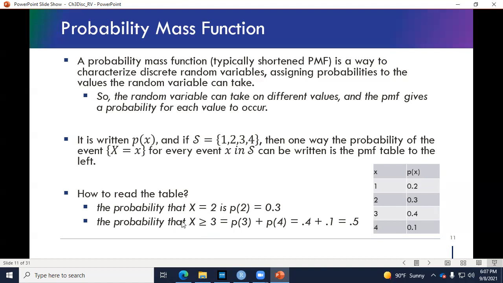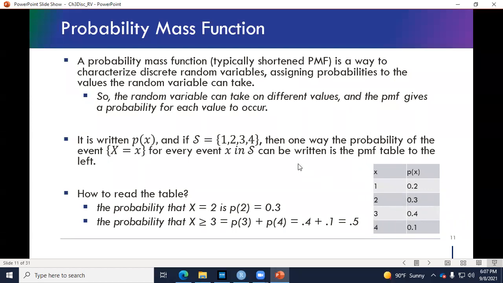If you want to calculate the probability that X is greater than or equal to 3, which means 3 and 4, you just sum up these two probabilities. So this is the probability mass function. It characterizes discrete random variables and gives the probabilities for each value the random variable could take.